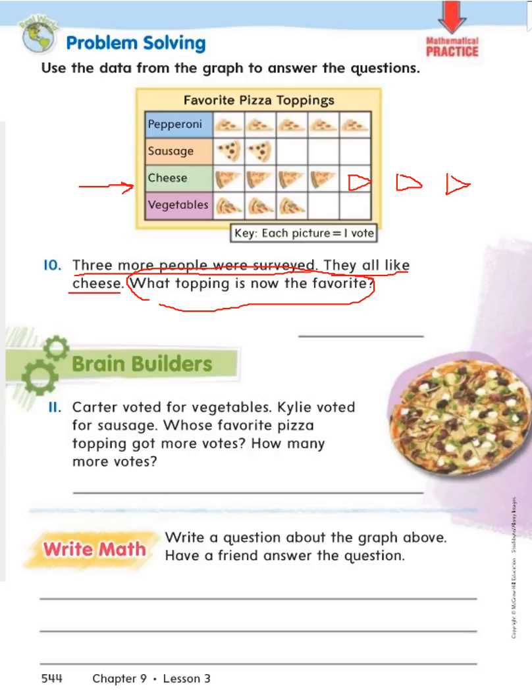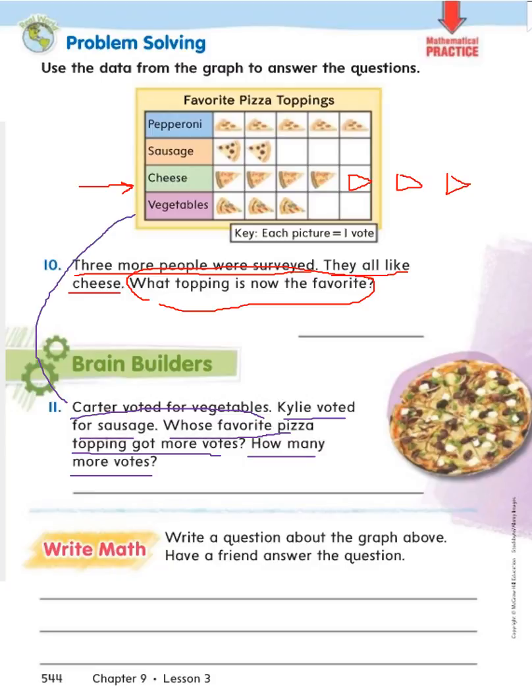Finally, let's look down at number 11. Carter voted for vegetables. Kylie voted for sausage. Whose favorite pizza topping got more votes? How many more votes?